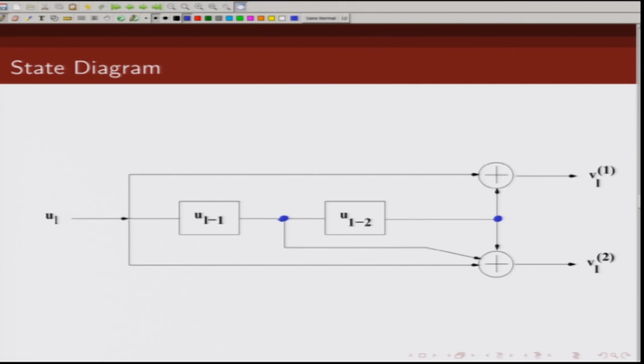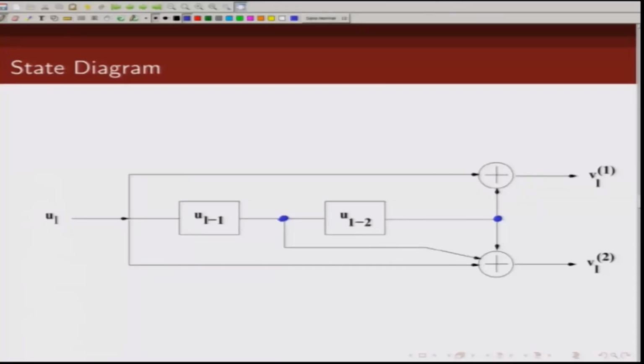As you can see, when you get a new information bit, depending upon what the state is, you will get the corresponding output. And this new information bit will, in the next cycle, move here, and whatever was here will move to this location. So, there will be a state transition.